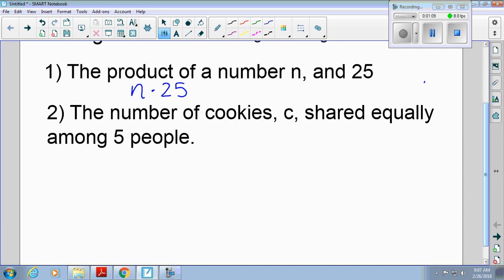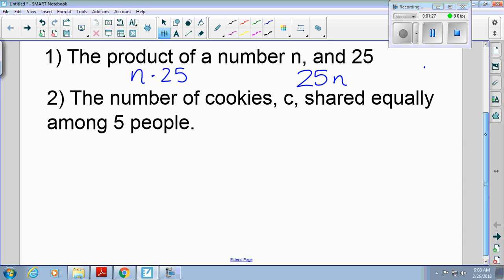So 25n, what do we call that 25 in front of the n? Jada, nice and loud. Very good. She said the coefficient. All right, the number of cookies C shared equally among 5 people. Shared equally means we do what operation? Divide. Very good.